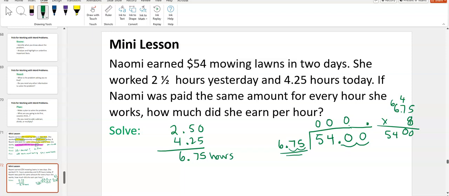So I went down 1. And it ended up being exactly what I needed. So I'm going to put an 8 here and subtract and I get a 0. And because I've used up all my place values here, and because my remainder is 0, I know that my answer here is going to be $8 per hour.